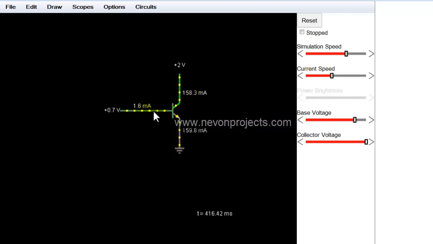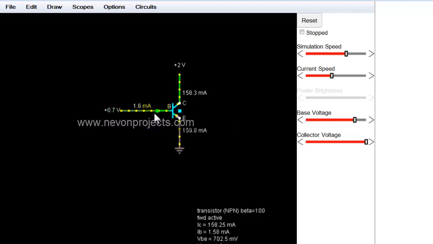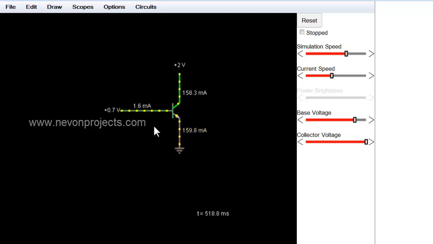The base is connected to 0.7 volt. What we see over here is that when 0.7 volt is connected at the base, we have some current flowing through the base-emitter, and due to this the switch gets on. That means the collector and the emitter get shorted and the supply is continuous from the collector to the emitter.